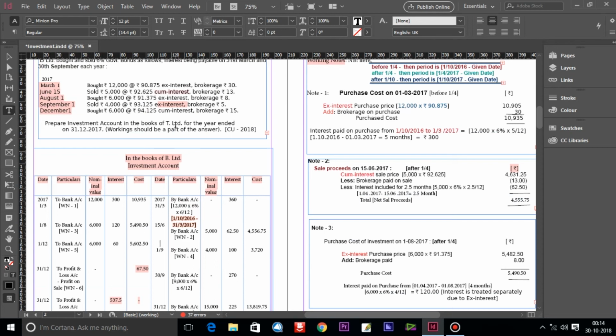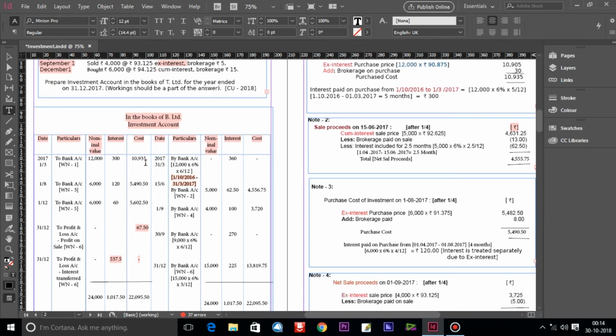Purchase commission investment, it is also after 1/10. Therefore, we have to take the period from 1/10/2017 to 1/12/2017, because it is happening on 1/12/2017. That is for 2 months only, and interest will be charged on 2 months.